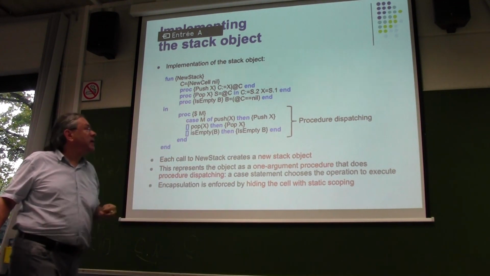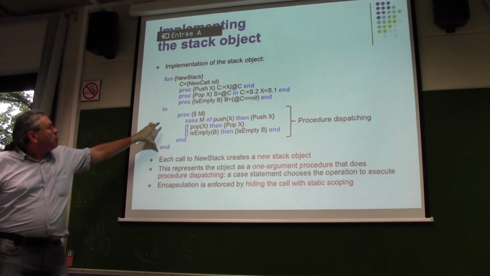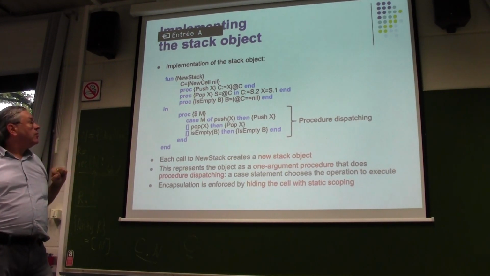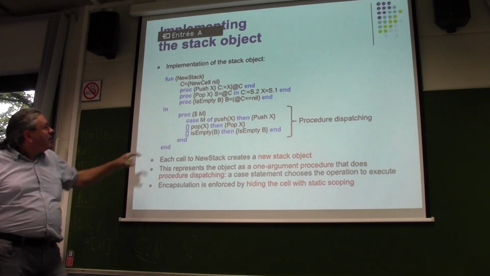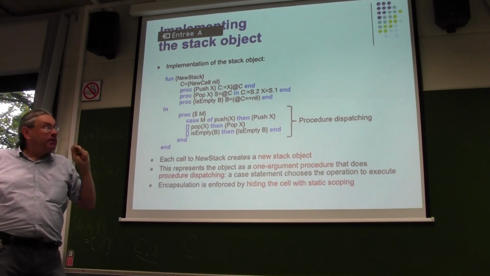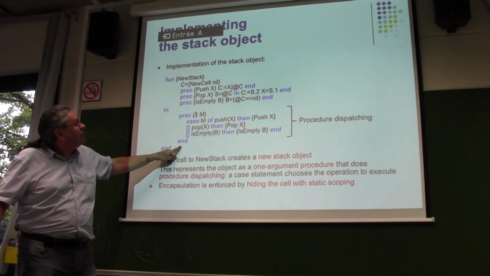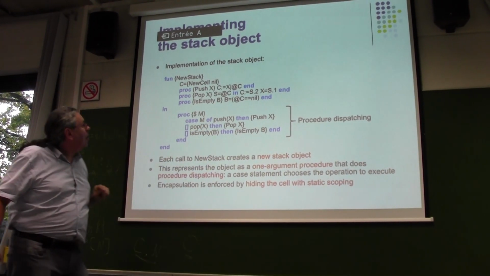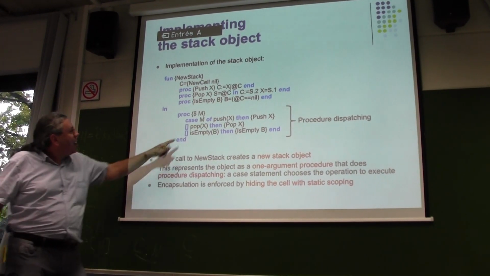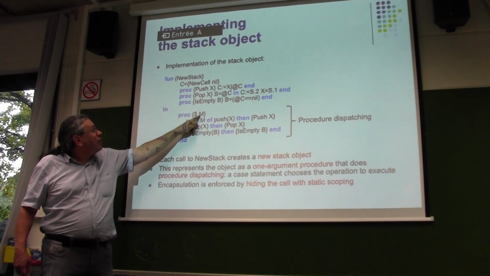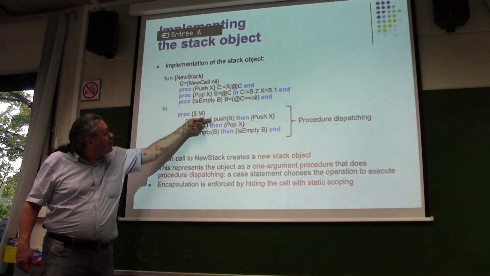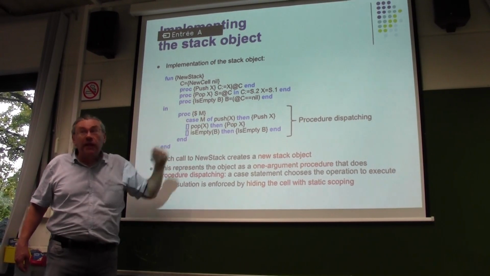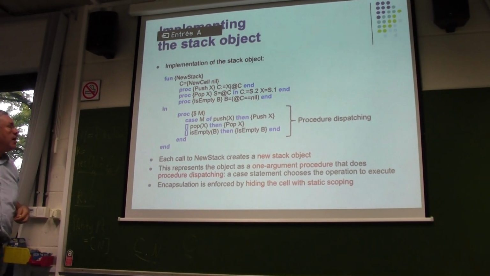There are two kinds of ways of doing this: procedure dispatching and record dispatching. The object, semantically, is a one-argument procedure. You have a method, which is actually a message, which is actually a record. And there's a case statement on this record that will select the method.